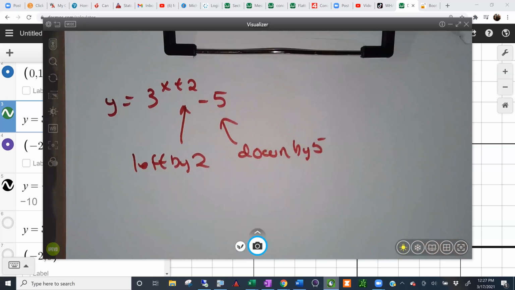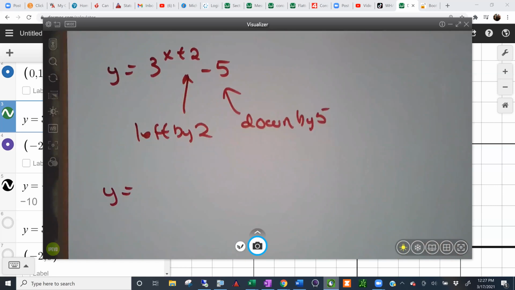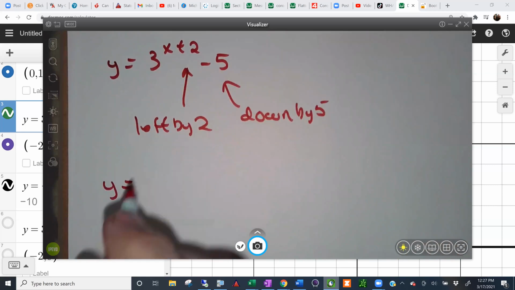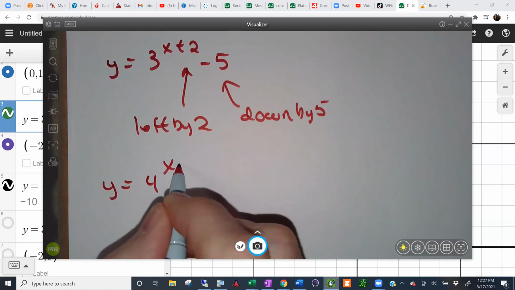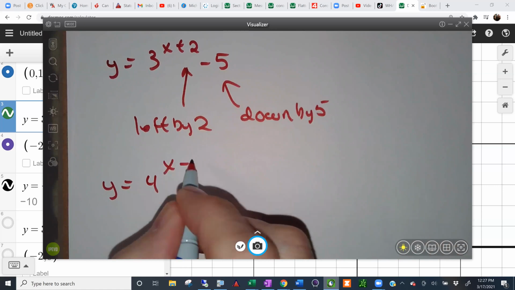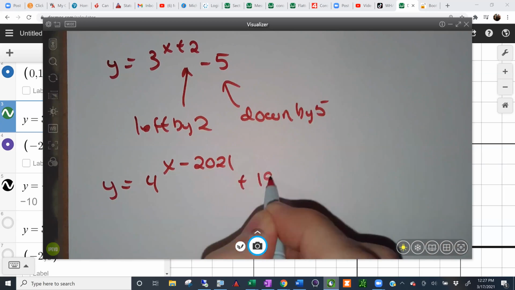That's okay. But what I'm thinking of is getting ambitious and figuring out how to write my own questions for WebAssign. I'd probably give an equation like this: y equals 4 to the x minus 2021 plus 1974.